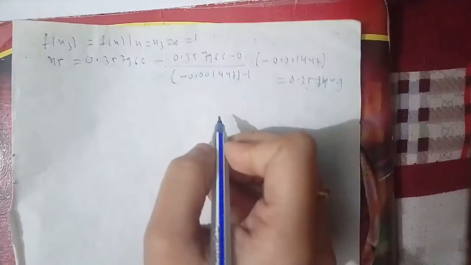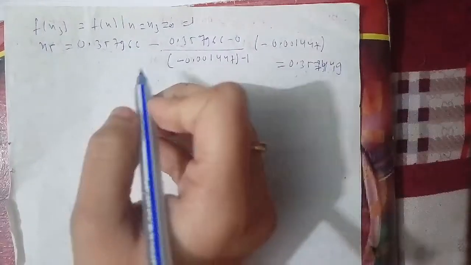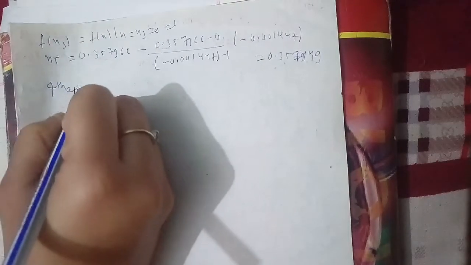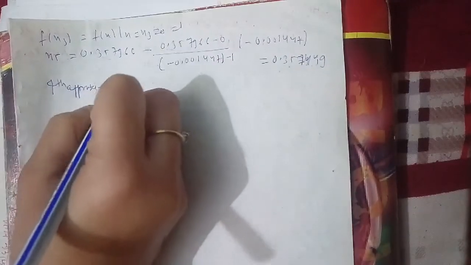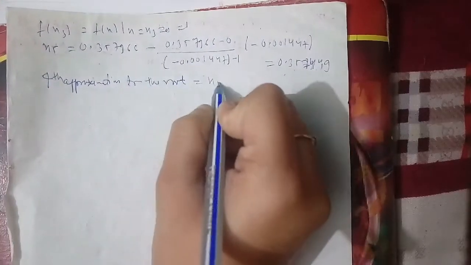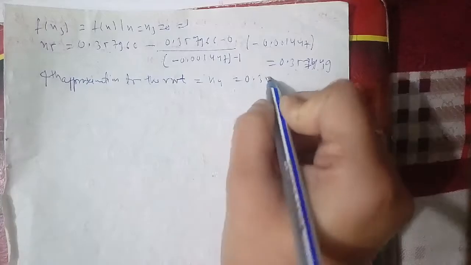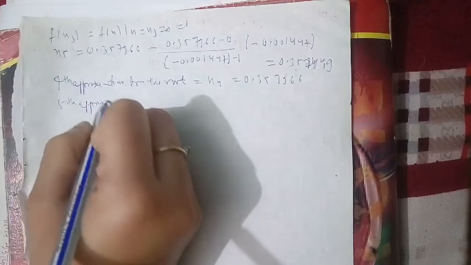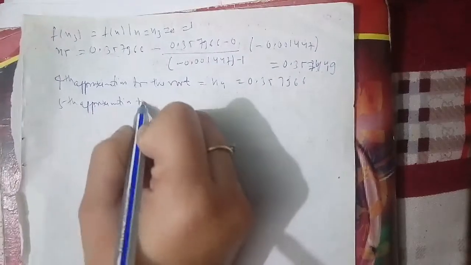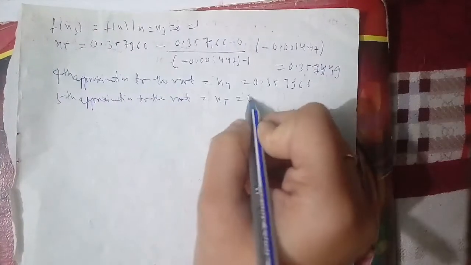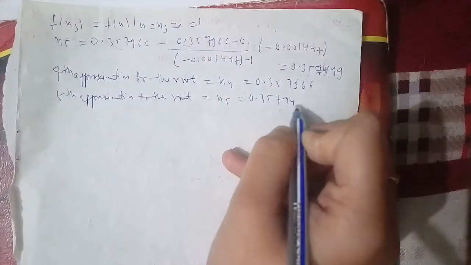0.3577449. So next, we have the fourth approximation to the root, x4, which is equal to 0.357966, and the fifth approximation to the root, x5, which is equal to 0.357449.